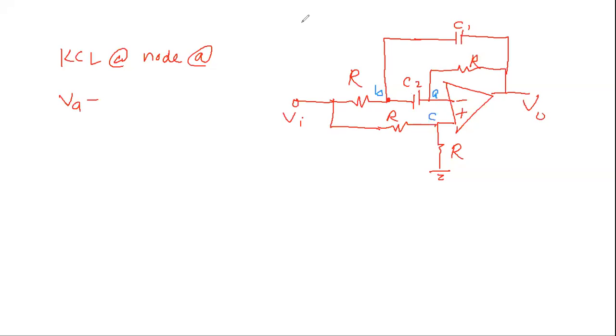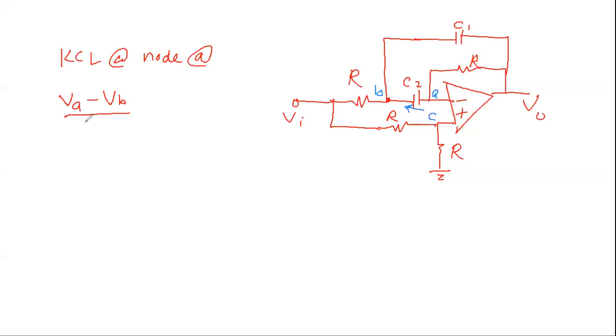That's VA minus VB over C2. No, C2 is not a resistance.